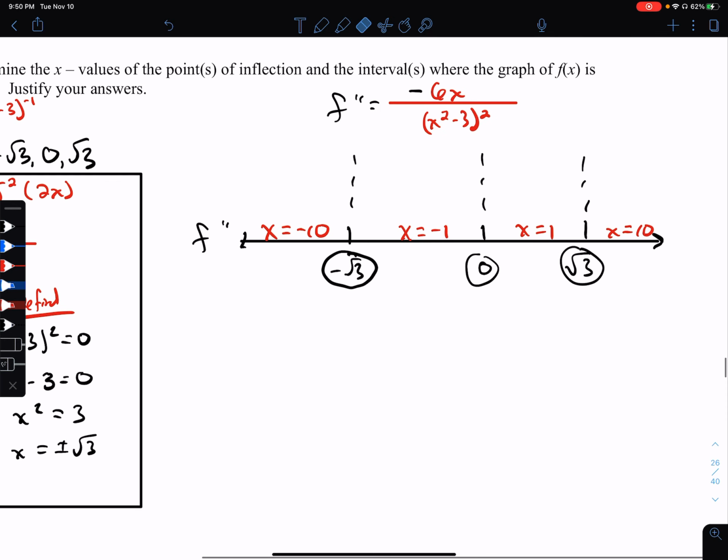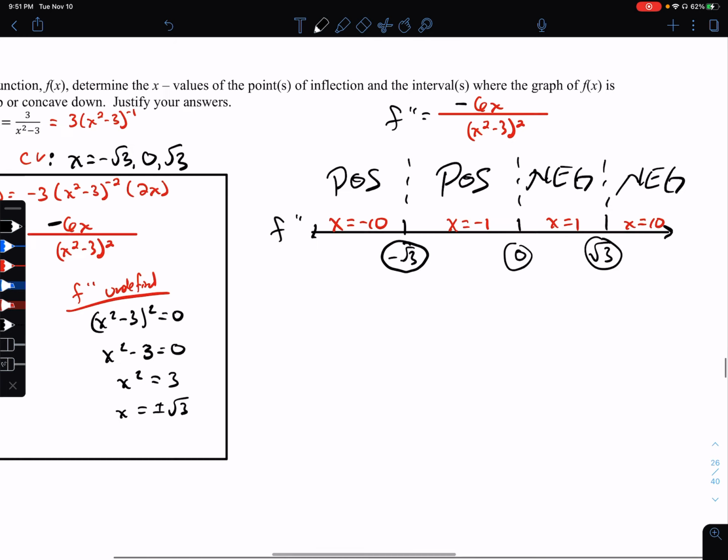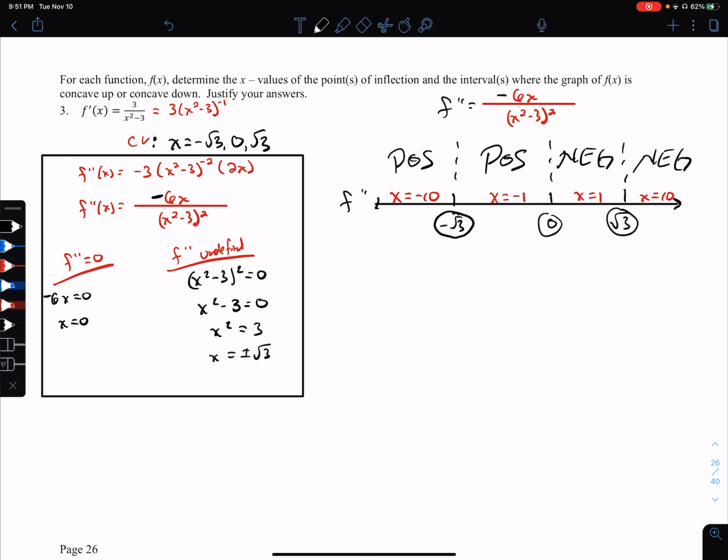If I put a negative 10 into this, negative 6 times negative 10 is positive. Negative 1 times negative 6 is positive. Put a 1 into this, negative times a positive is negative. Put a 10 into this, negative 6 times 10 is negative. Good thing I caught that. Late, but not too late.